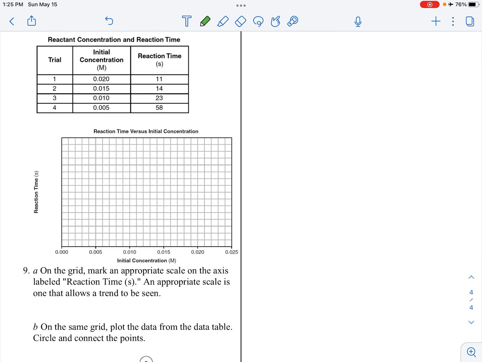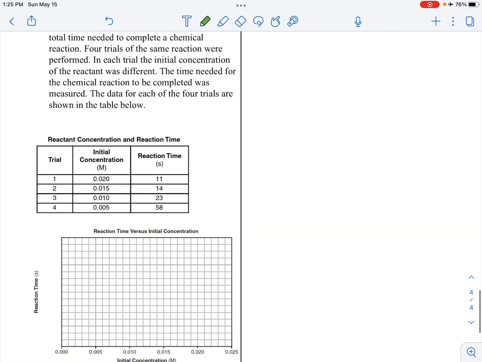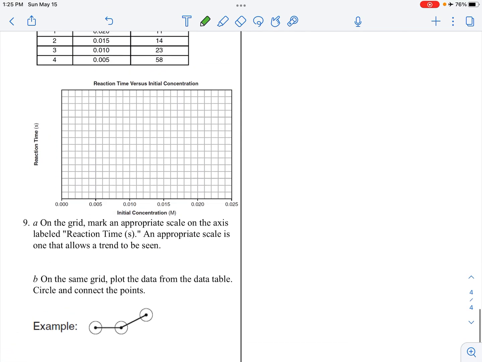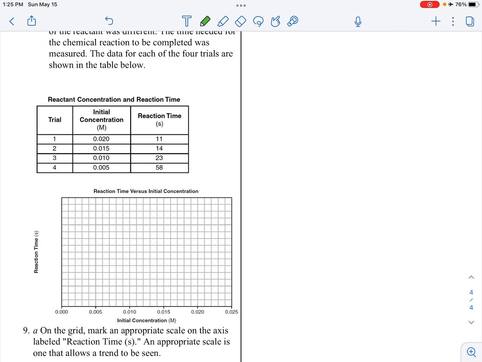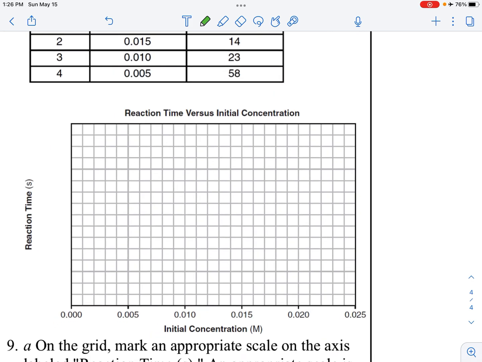It says to graph. Do I really have to graph for you? Especially because it's so small. I guess I could. When we're looking on the axis, let's see, reaction time. I don't know. We could go by 5s. Can I make this bigger?